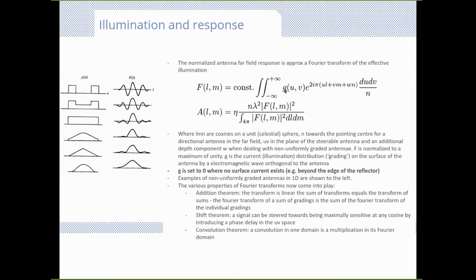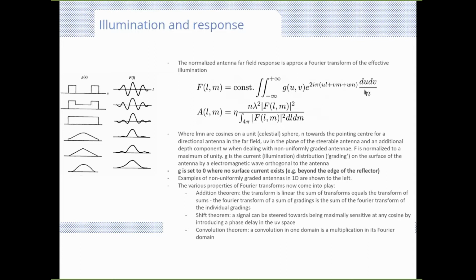This is the aperture function, and it's essentially the distribution of current in this UV frame that we've defined, and it has a roughly Fourier relationship, with u·l, v·m, w·n, between this G space and its far field response, which is F(l, m) as we defined it previously. In both cases, w and n point towards the source. So just keep that in mind.